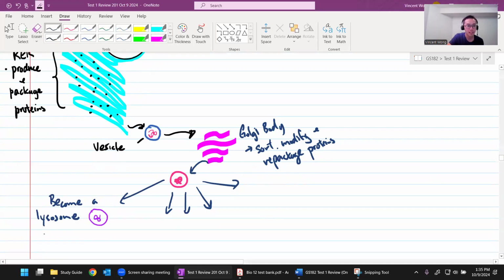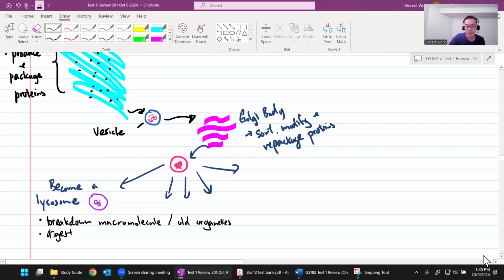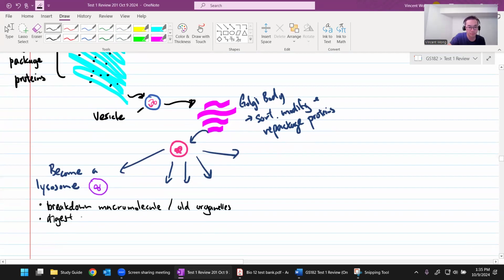So the lysosome, what does the lysosome do? Well, the lysosome can break down macromolecules or old organelles. They can digest particles and materials from endocytosis.